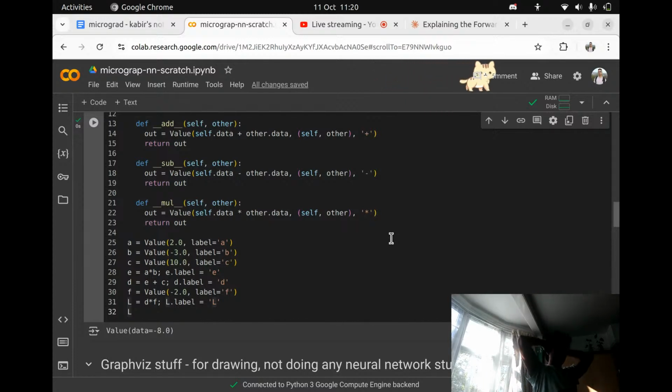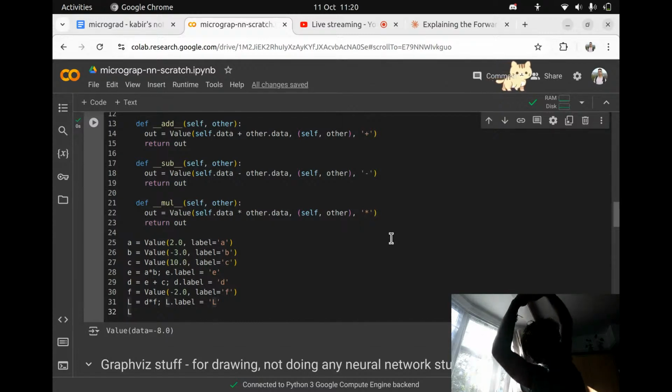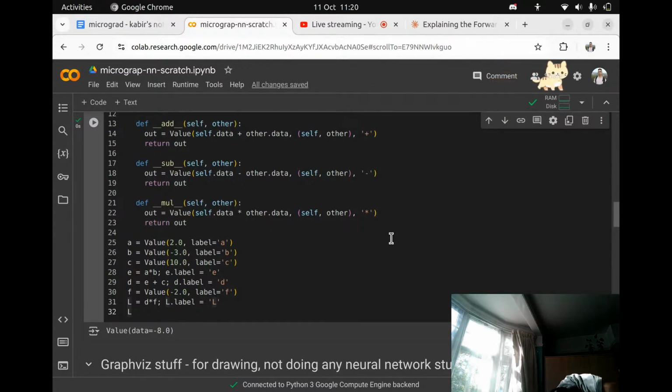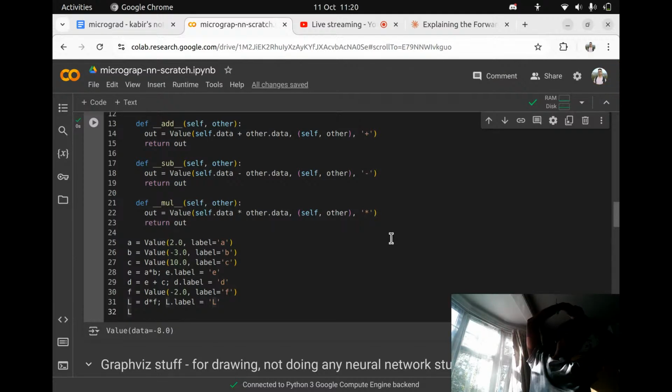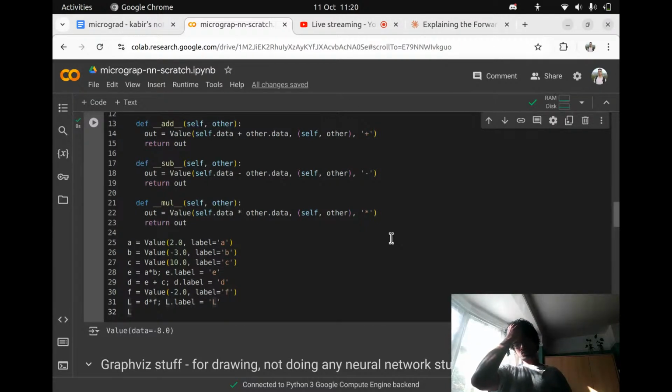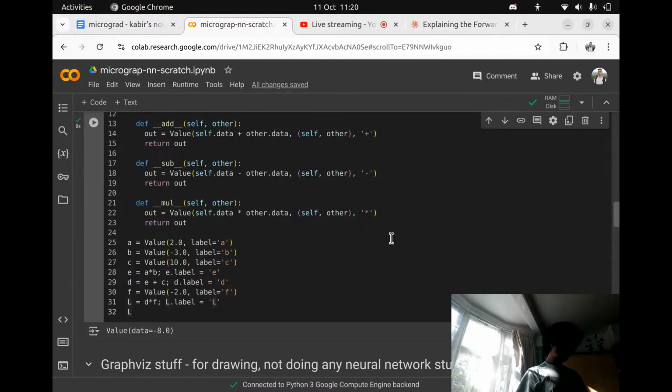So we'll need to know how those weights are impacting the loss function. We'll be interested in the derivative of the output with respect to some of its leaf nodes. Those leaf nodes will be the weights of the neural net, and the other leaf nodes will be the data itself. But usually we will not want to use the derivative of the loss function with respect to data because the data is fixed, while the weights will be iterated on using the gradient information.